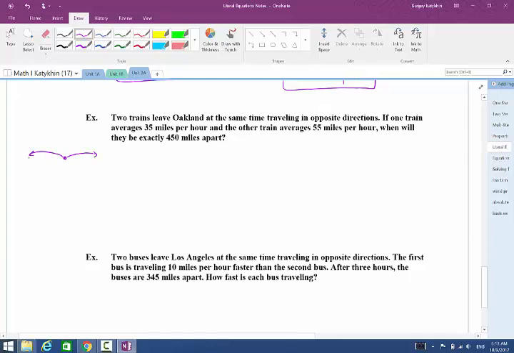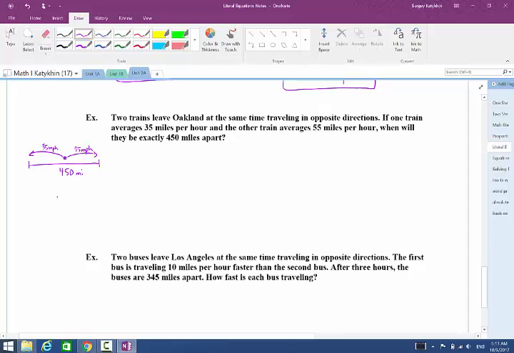This one is traveling at 35 miles per hour, and this one is traveling at 55 miles per hour. And the question is, how long will it take them to be 450 miles apart?